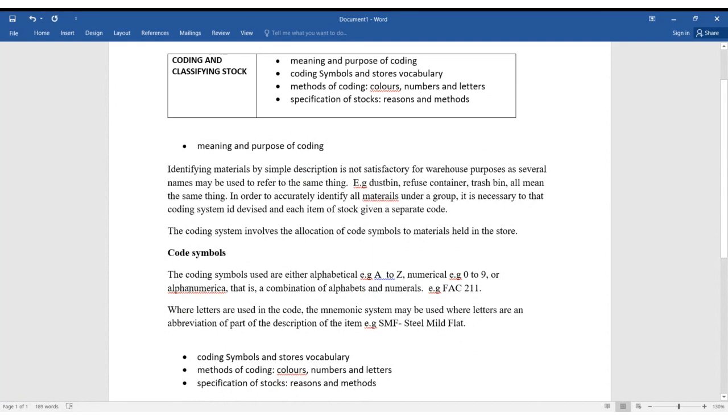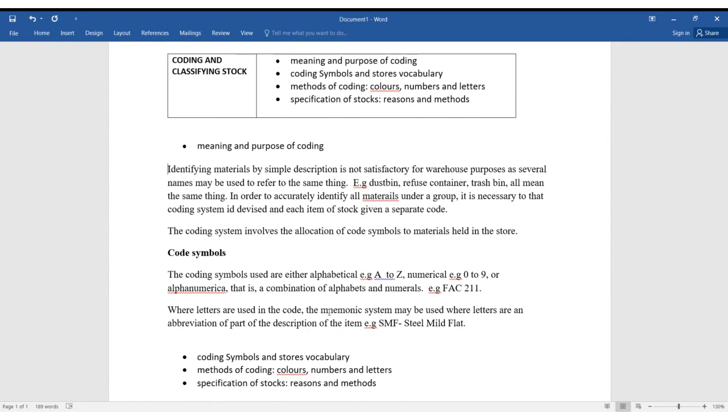So alphanumerical tends to be used a lot because it gives the codes better identification and distinction.